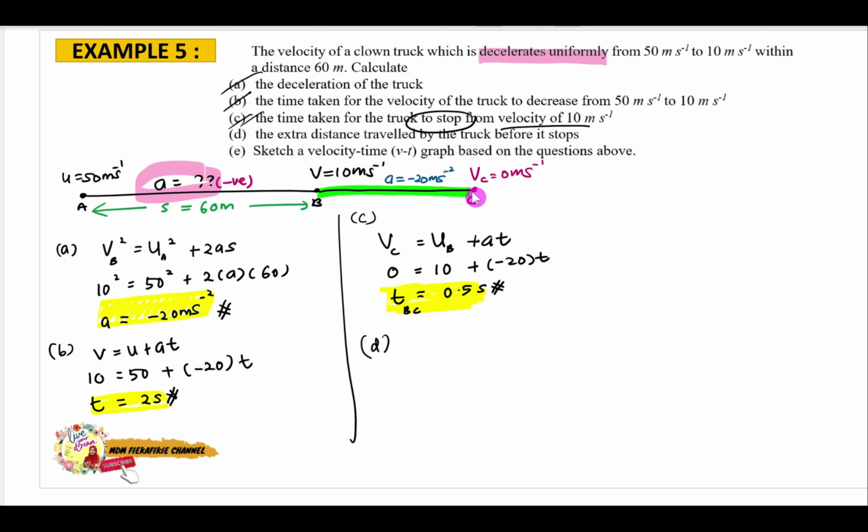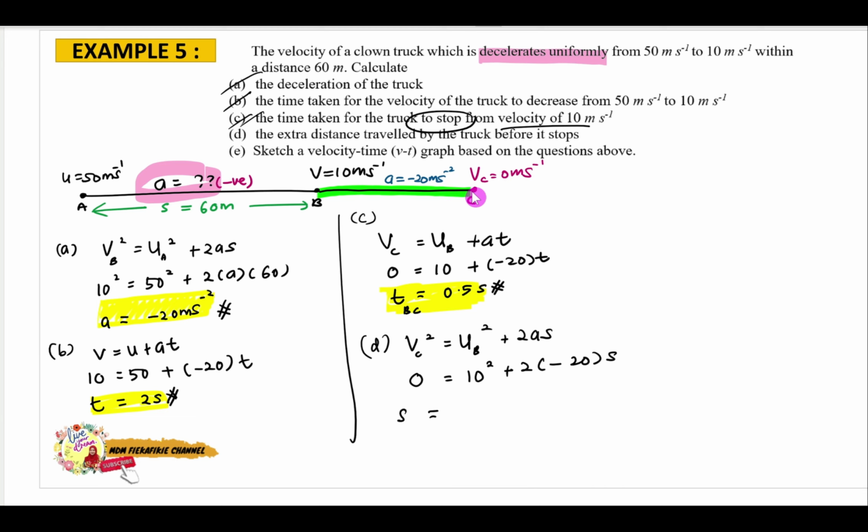Okay. So, kita boleh guna formula yang ada S lah. Maknanya V daripada B ke C kan. So, V ini mesti VC squared equal to, okay, U mesti daripada point B plus 2AS. Okay, so this one should be 0. This one should be 10, 10 squared. Deceleration is negative 20S.